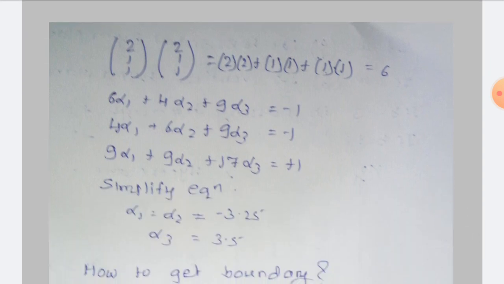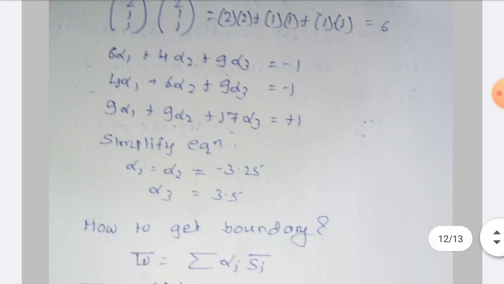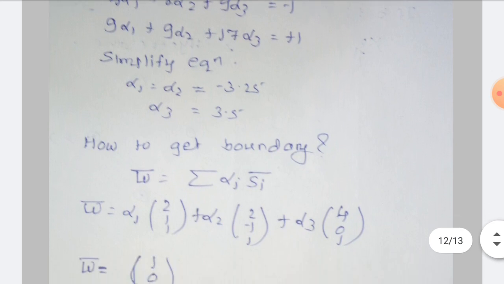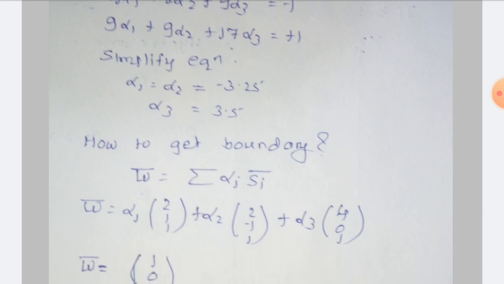Now, three unknowns are here: alpha 1, alpha 2 and alpha 3. After simplifying these three equations, we are getting the values of alpha 1 and alpha 2 equal to minus 3.25 and the alpha 3 value is 3.5. Now, how to get the boundary? We have the equation W bar is equal to the summation of alpha i into Si bar.